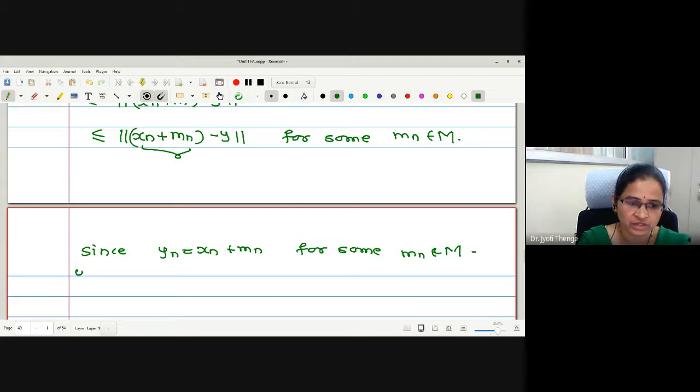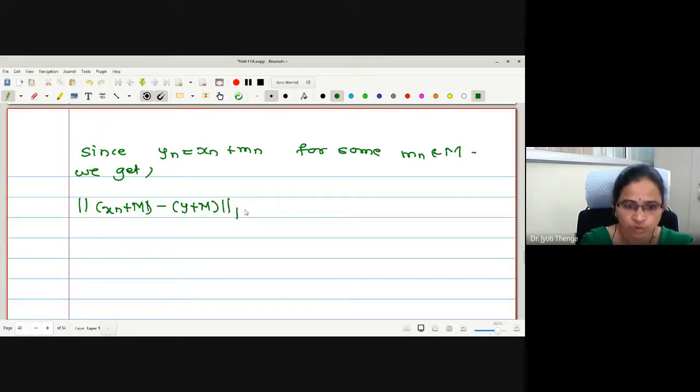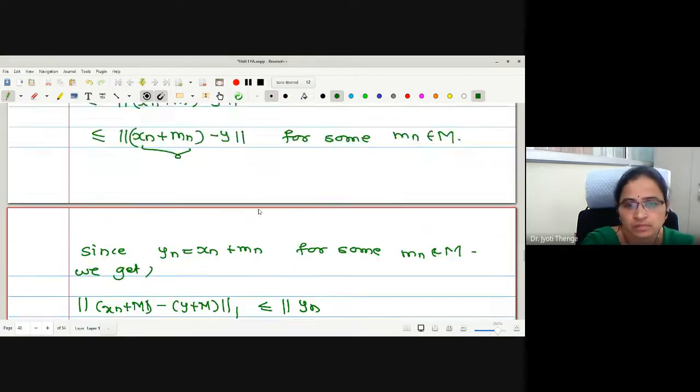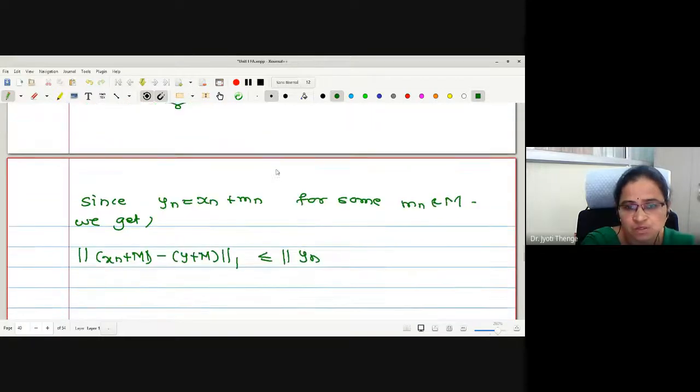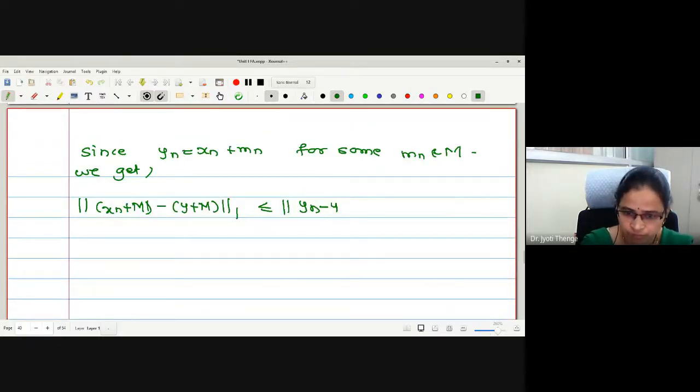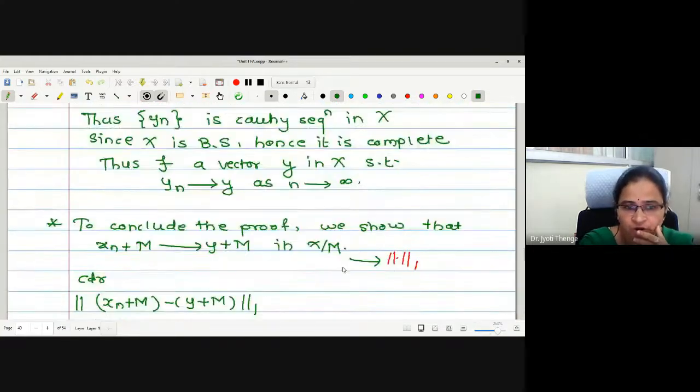Therefore, this left hand side I'll write again: norm 1 of xn plus m minus y plus m. What can I write on this? Is it the norm of yn? This is yn, no? I am replacing minus y. But we know this converges to 0 as n tends to infinity. Why? We have already proved it.